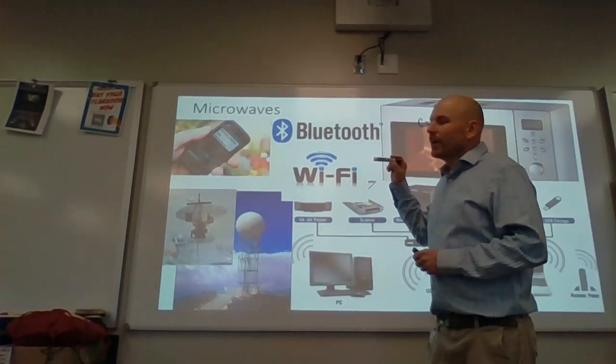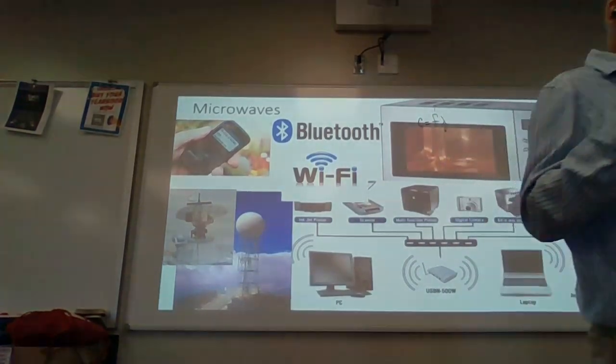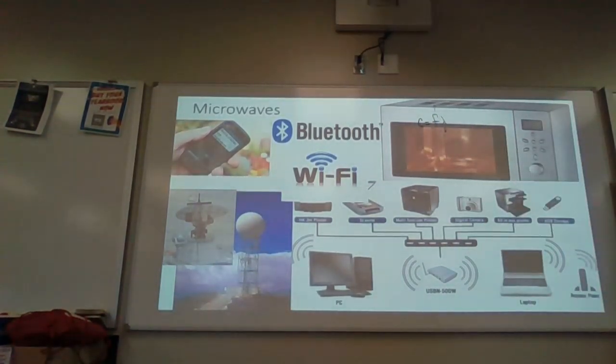Okay, so the way wireless anything works is you have an antenna that is a transmitter. It has electrons in there vibrating up and down at a certain frequency, and they create an electromagnetic wave in the microwave region. And that goes at the speed of light to your device.